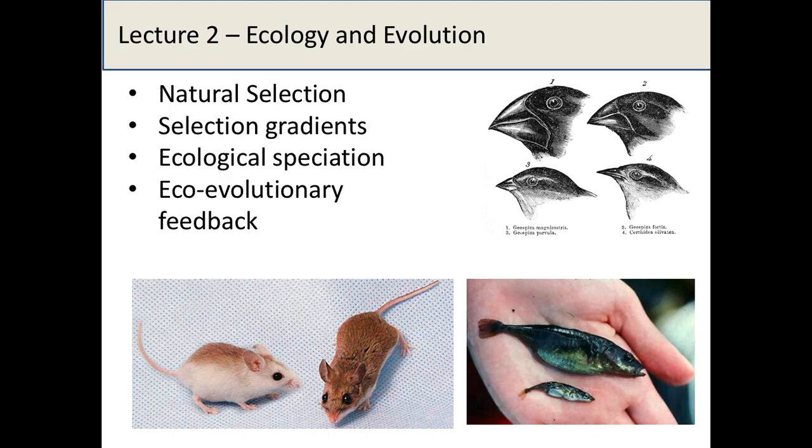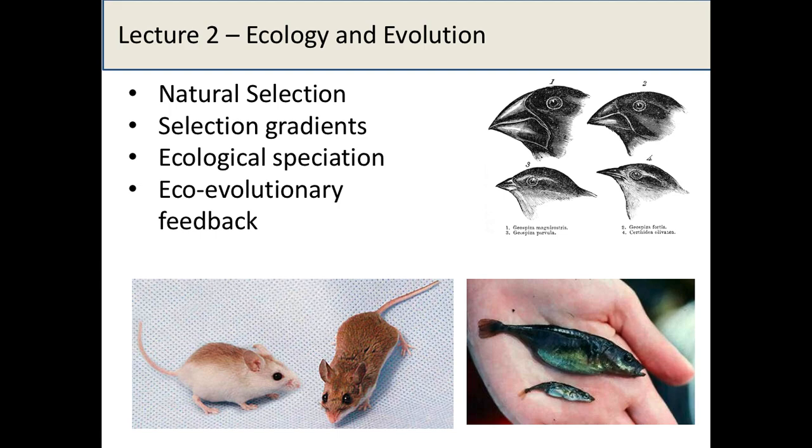We'll also touch a bit on ecological speciation. At what point does evolution take us to an extent that we can expect one true species, that we've moved beyond just variation within a population or different variants of a population to two or more actually distinct species?